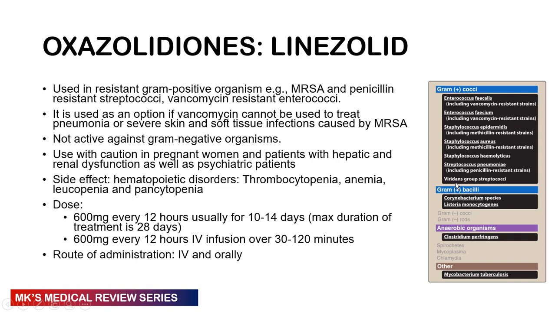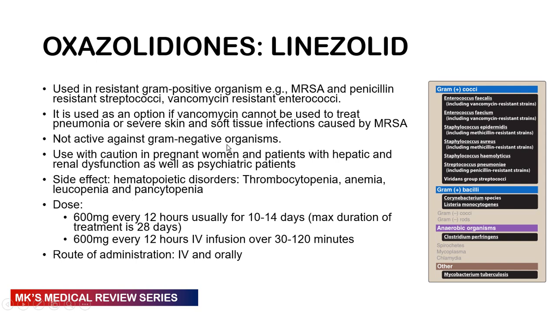So you won't see this drug being commonly prescribed because you are reserving this for those very, very resistant cases. Then you also have gram-positive bacilli like Corynebacterium species, Listeria monocytogenes, anaerobic organisms like Clostridium perfringens, others like Mycobacterium tuberculosis. This is not so effective against most gram-negative organisms.